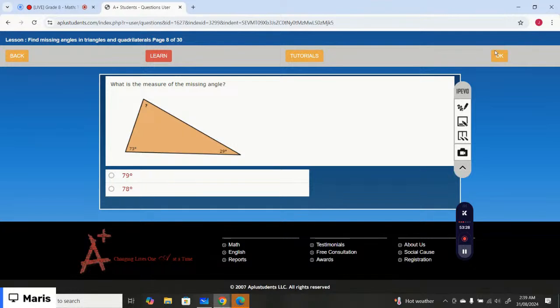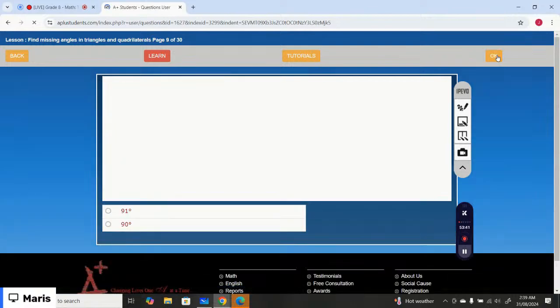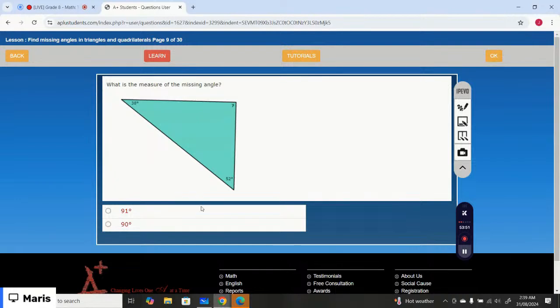Option number 1 is the correct option, right? 78. Okay, yes, it is 78. Okay, the next one is, what is the measure of the missing angle? So, which is the correct option? That is a right angle, right? So, that would be 90 degrees. Okay, you can complete the lesson by yourself later today.